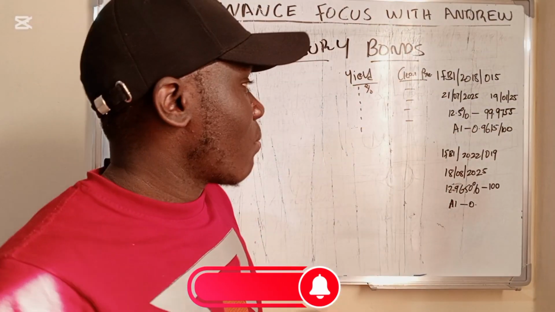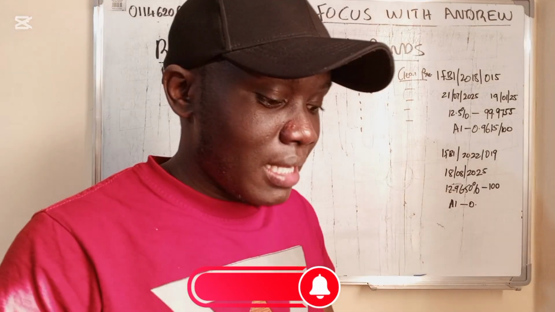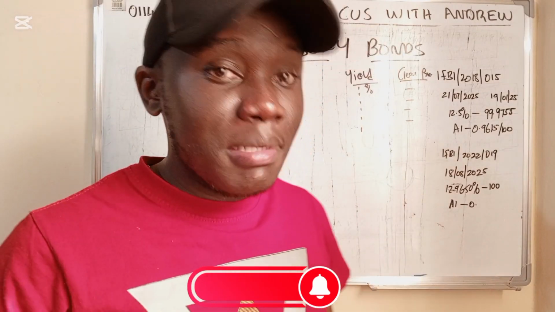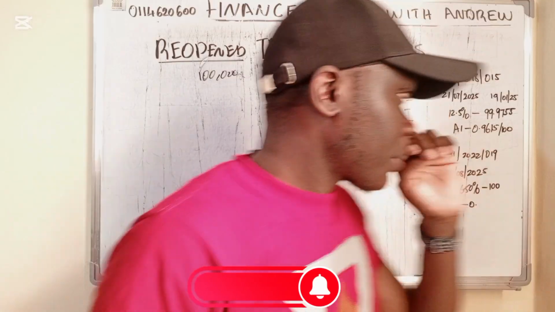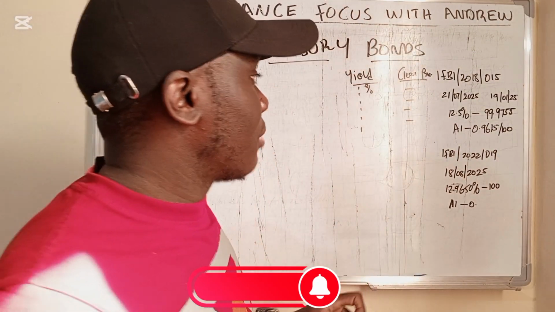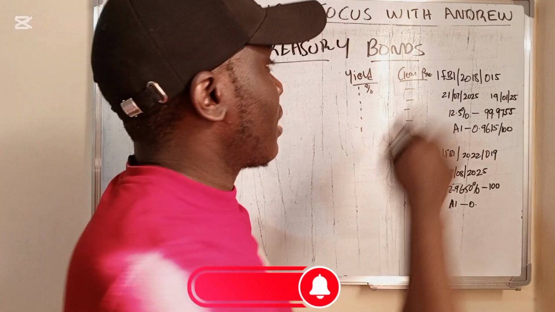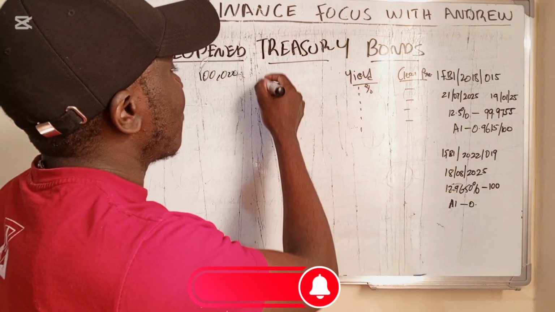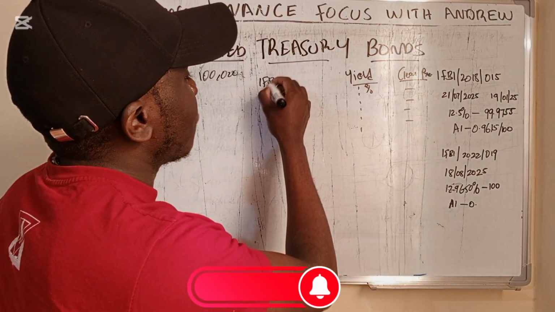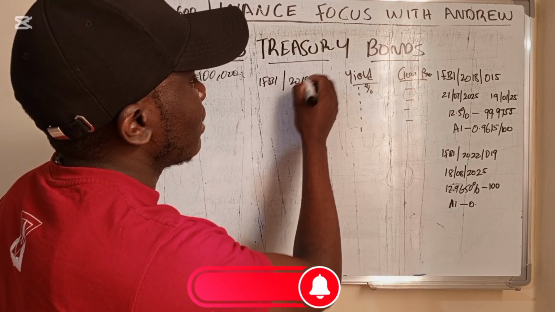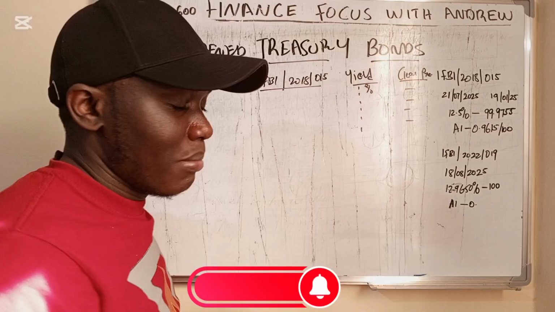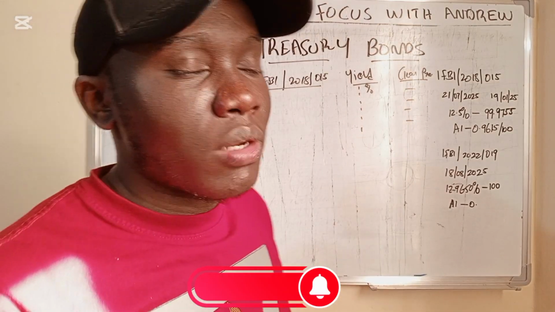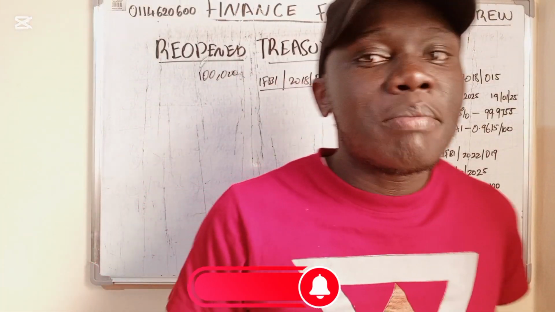Now, once the selected bid is picked, it will then determine the clean price of that bond. Let's take for example, I'm using the case of the IFB1/2018/015. Let's assume that the yield will be the same as the coupon. We know that the coupon of this particular bond is at 12.5%.